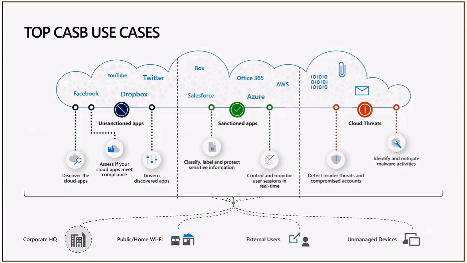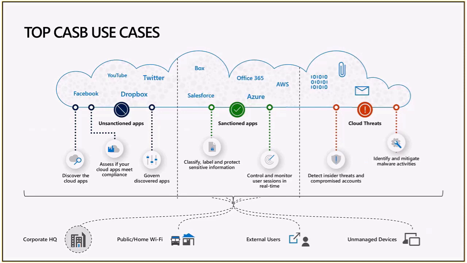The top use for what we call a CASB can be seen in 3 steps here. First of all, finding out what unsanctioned apps you're using. For example, how many users are using a public version of Dropbox, or sharing data on YouTube or Facebook, or things like that. You really want to know about these things, obviously. The second part is managing your sanctioned apps.